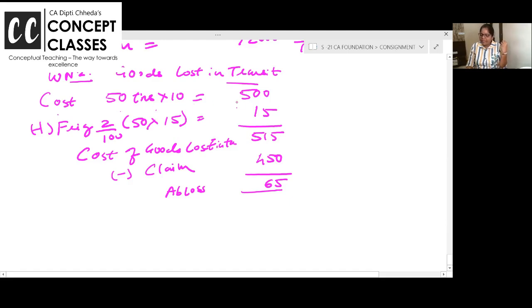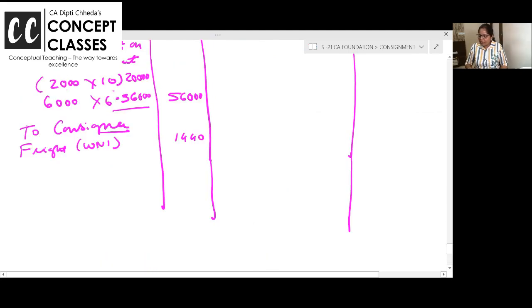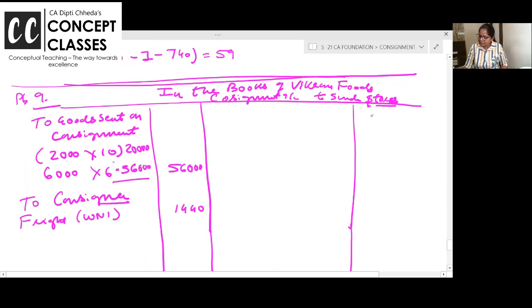50 tins of 1 kg are lost. Cost is 10. Freight is the selling price of 50 tins into 2%. Total cost is 515. Claim is 450. Abnormal loss is 65. So 450 and 65: by insurance company, claim for loss, and 65 by abnormal loss.